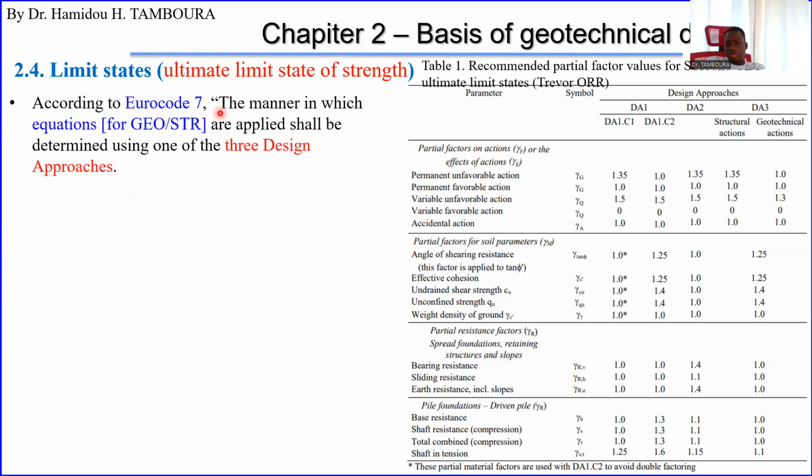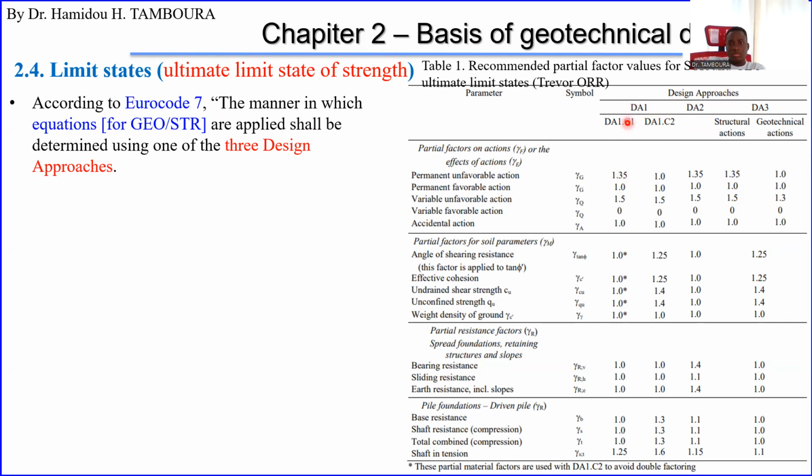So according to Eurocode 7, the way in which the equations for the ultimate limit state for geotechnical and structure are applied, those weights shall be determined using one of these three design approaches.